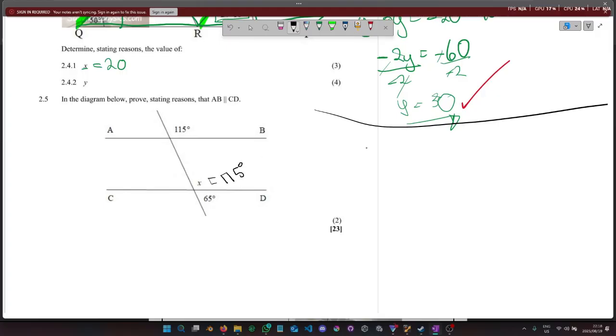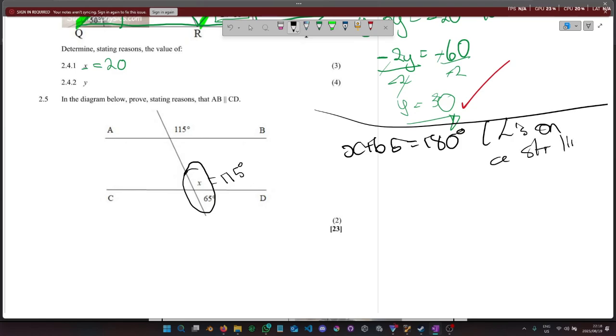How do we prove that? Well, the straight line reason doesn't require parallel lines. So if we say x plus 65 is equal to 180, why? Because of angles on a straight line.